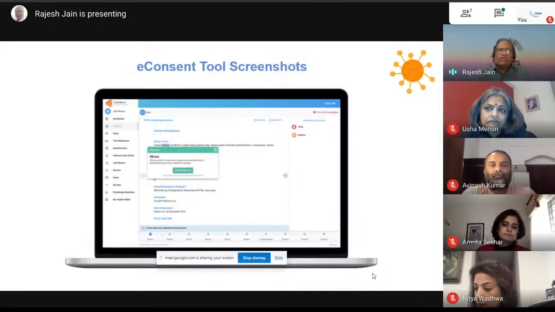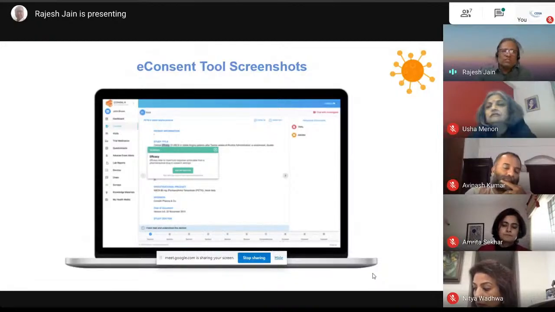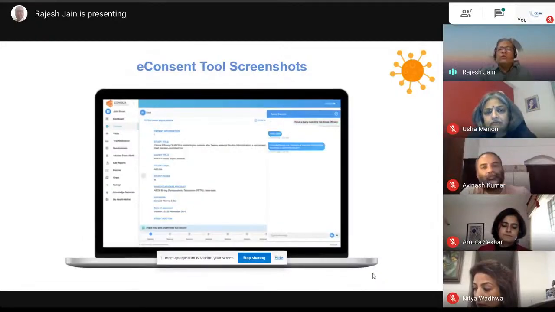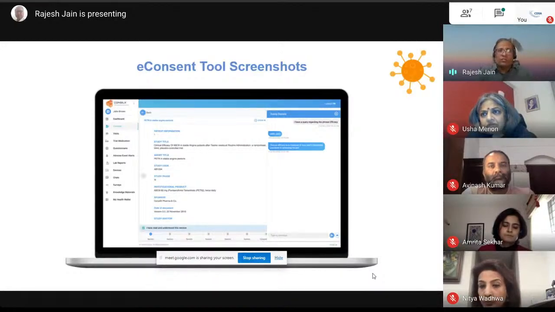So you may not necessarily have videos or graphics or comics to explain everything about a consent. You can very well use a dictionary. You can very well use some chat mechanisms where the patient, while they are going through the consent form, wants to raise a question to the investigator and or the site team, they can do so immediately and expect a response back from the site.